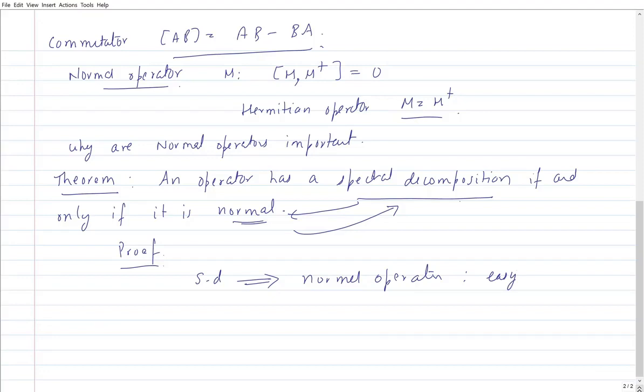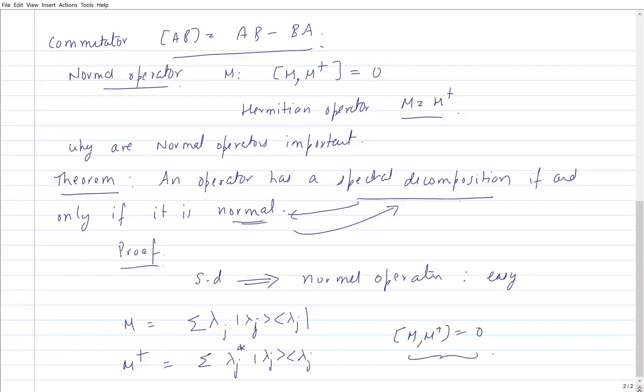You assume the spectral decomposition of the operator M, and you also have M dagger. That's going to be something like this, and of course you can prove it equals 0. So this part of the proof is trivial.